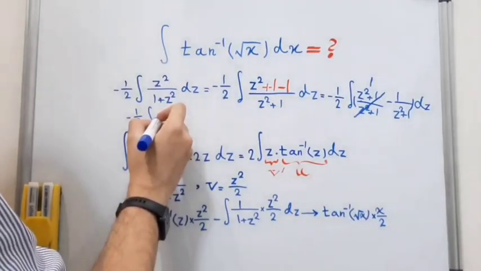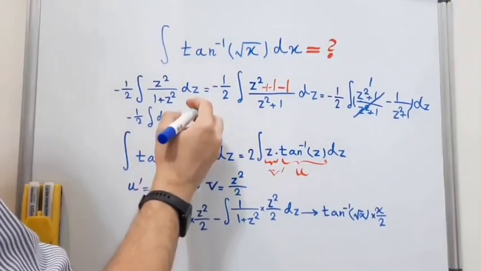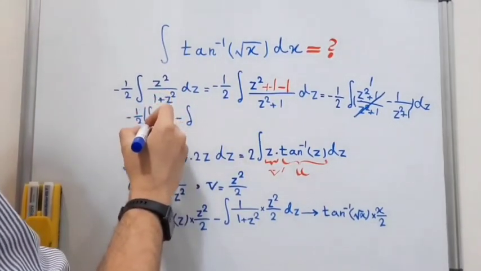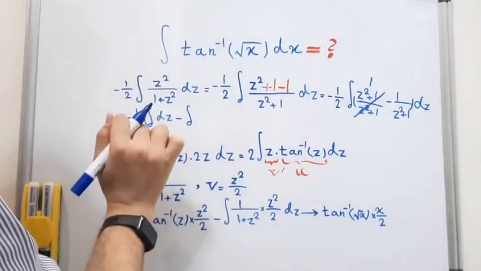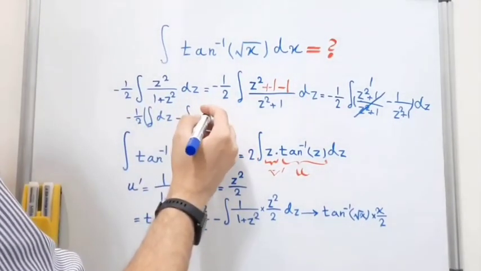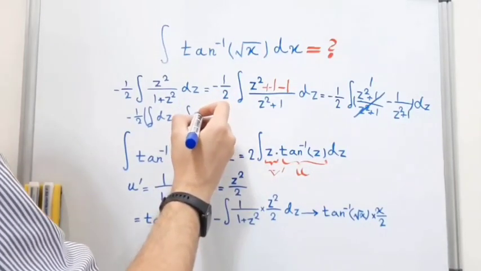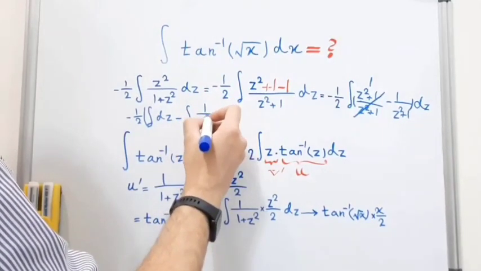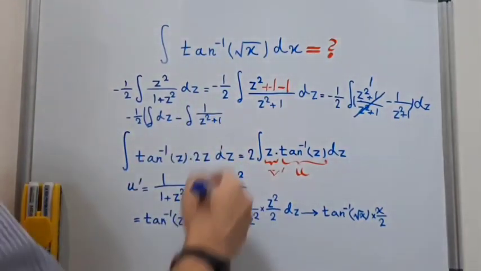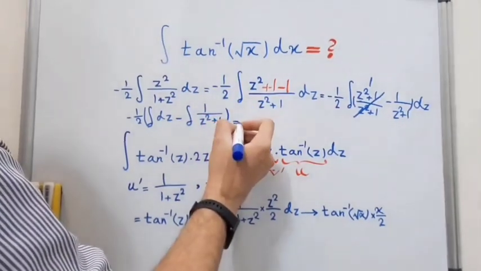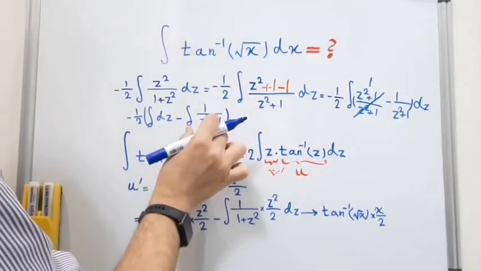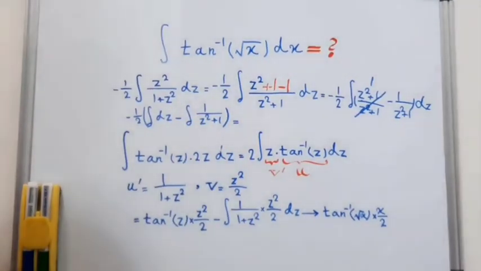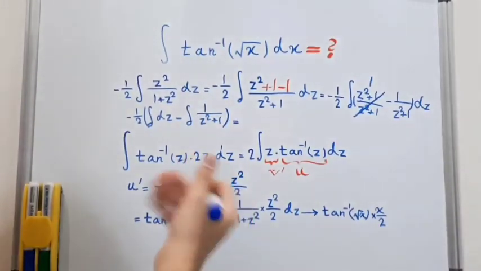And now we want the integral of dz minus the integral of, this is for both of them, minus 1/2 is for both of the integrals. Wait, yes, 1 over z to the power 2 plus 1. And this integral is tangent inverse of z.